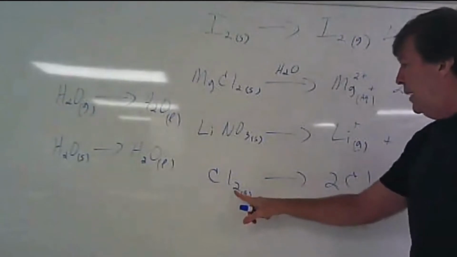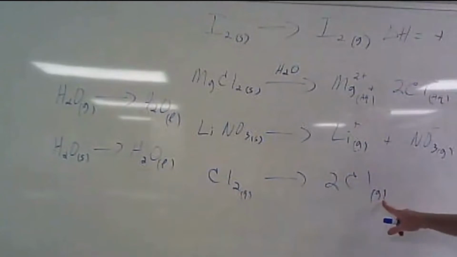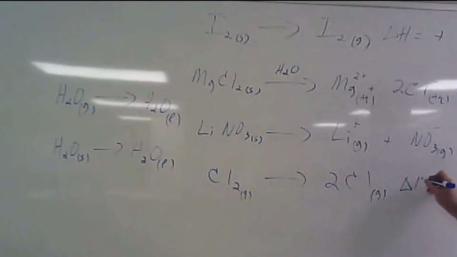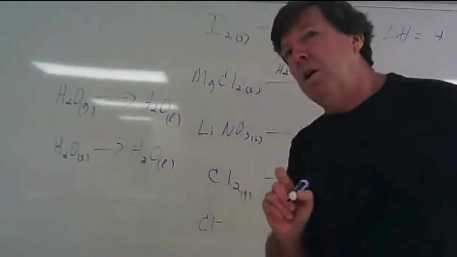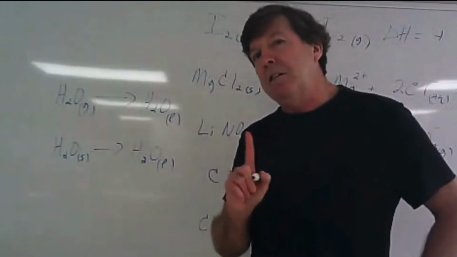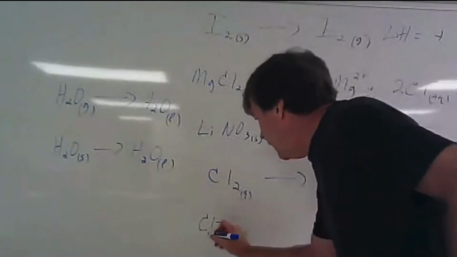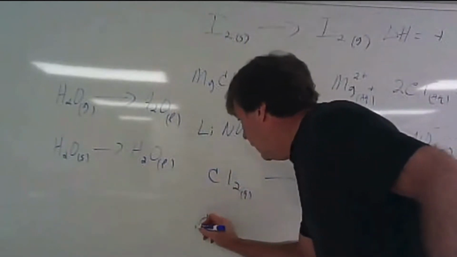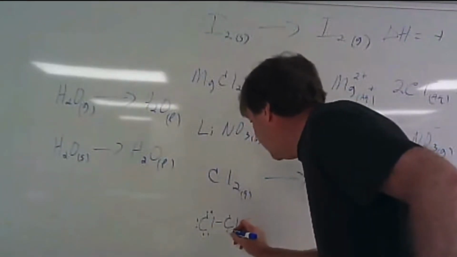Isabel Drosty, chlorine gas goes to two chlorine atoms. What is the enthalpy sign value for this process? Positive. It's positive. Let me just show you this. I'm assuming you got to Lewis structures last year before COVID. If we were looking at the Lewis structure, which shows the lone pairs of electrons, we'd have something like this.